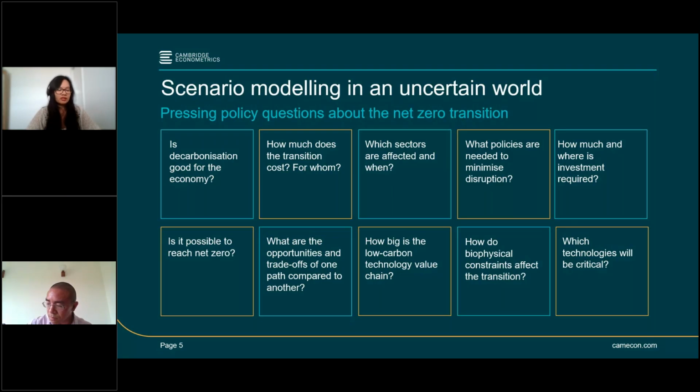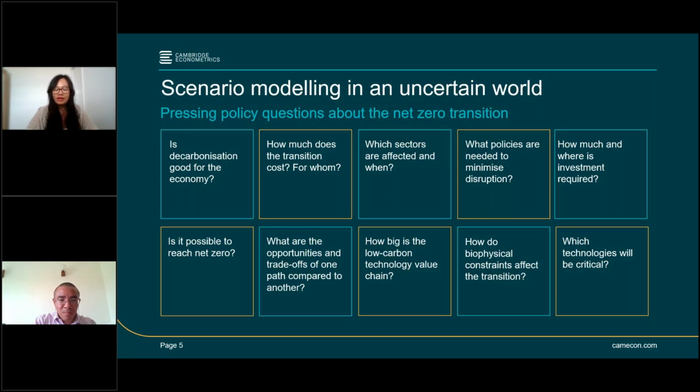Just based on this list of questions, which is just scratching the surface, the complexity of the transition, in our view, comes from not only the different angles that you can look at it, but also what we don't see here, which is the different drivers and interactions underneath, which means you may not have just one answer to each of these questions, or you could have an answer that is very hidden away.